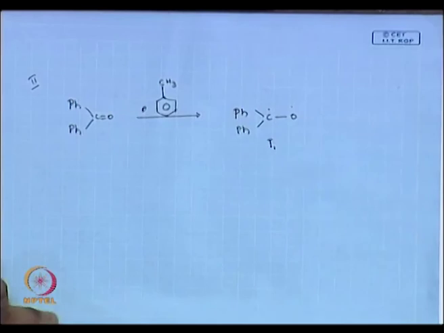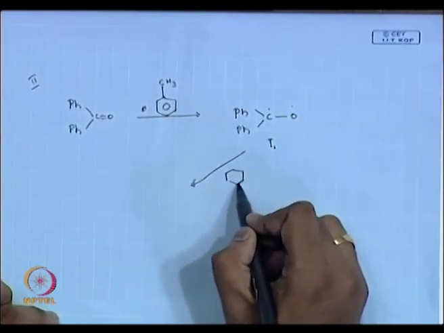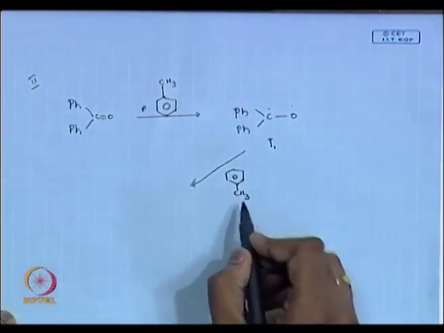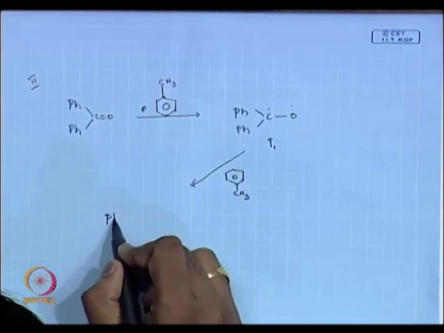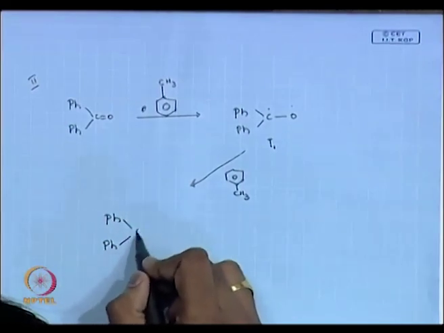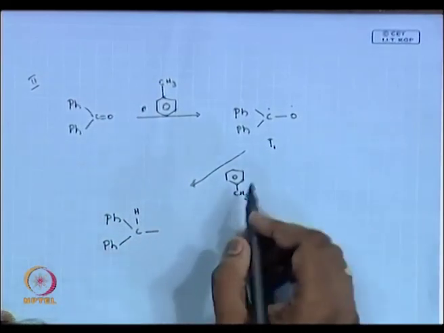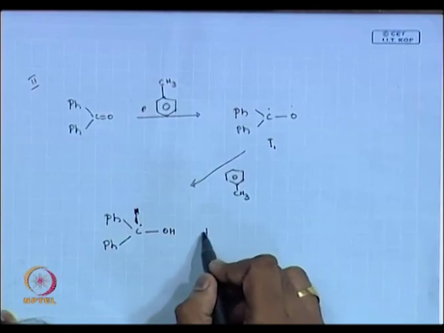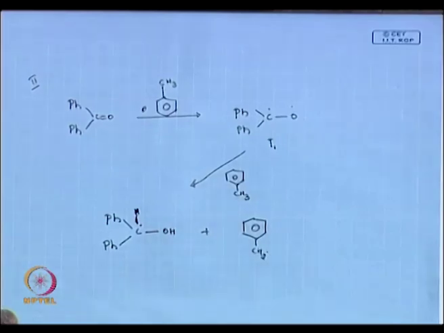It has to now react with your toluene to give you what? I can abstract a hydrogen from this methyl. So then I will be ending up with a C dot OH plus a CH2 dot, right.